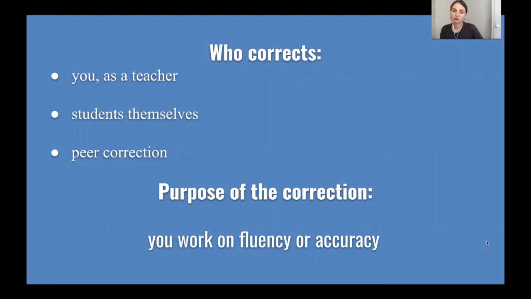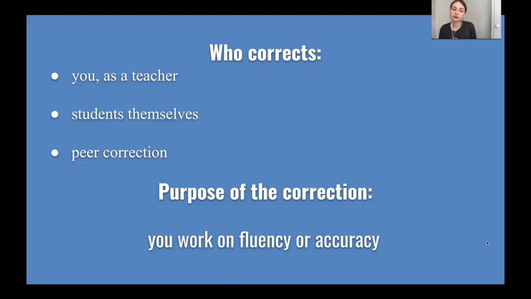So this correction may be not very popular, peer correction, I mean, but if you're working in a group, peer correction is also a nice idea. You say that, for example, Anton, you're speaking, and Svetlana, please pay attention to what Anton is saying, and then you will correct his mistakes, and it works very well.